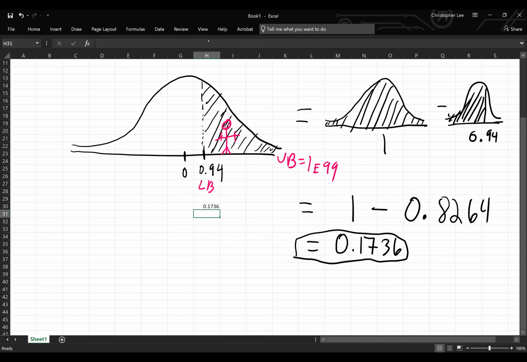So always, you stand in the distribution, whatever's to your left is your lower bound, right is upper bound. That is going to be in the final. Go ahead, try it in the calculator if you want.